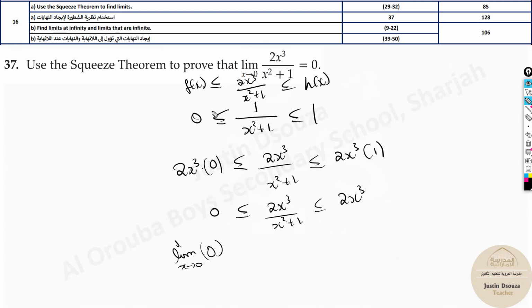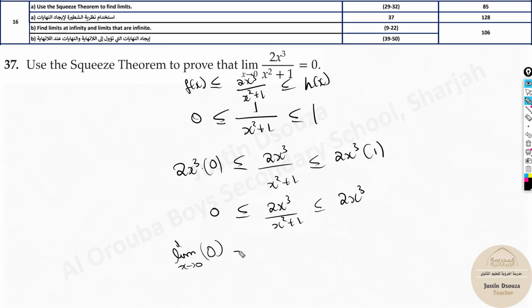What are f of x and h of x? The range 0 and 1, and then we solve it. This is just like a formality, but even if you write from here, you should get marks. But just write it because this is technically a part. In the answer key, if that is printed and the teacher is correcting it and you're missing it, there might be chances that you lose a mark. So please try to write this as well.